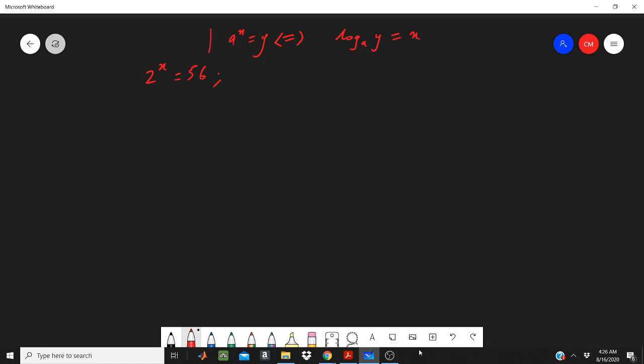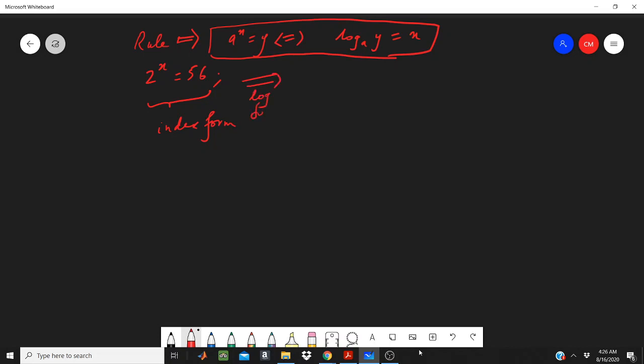This was our rule. And this is basically called the index form. We can write this down in log form as log base 2 of 56 equals x.